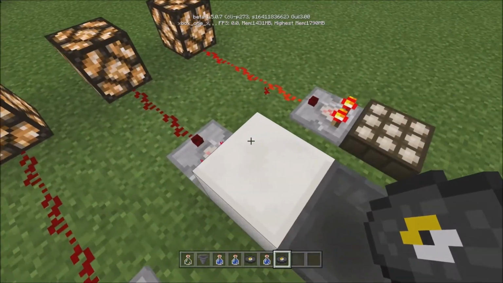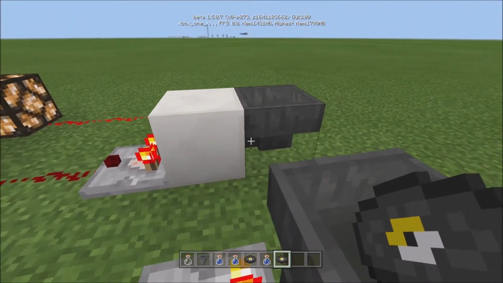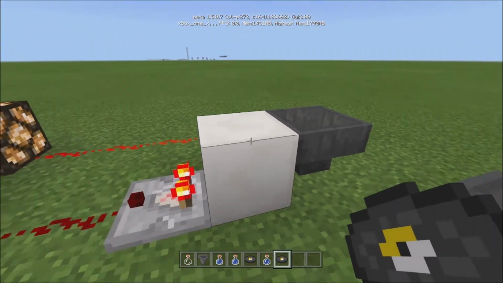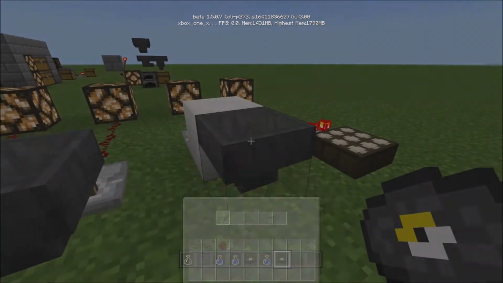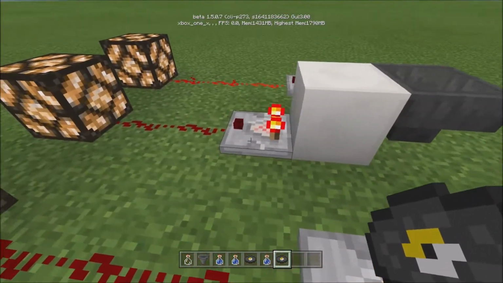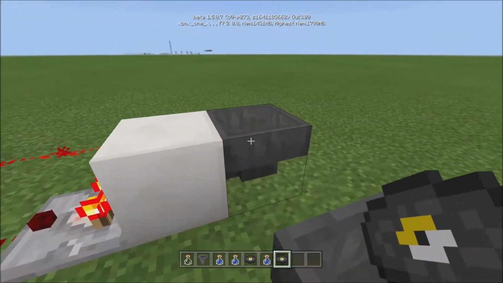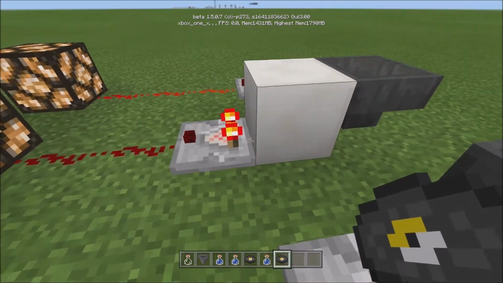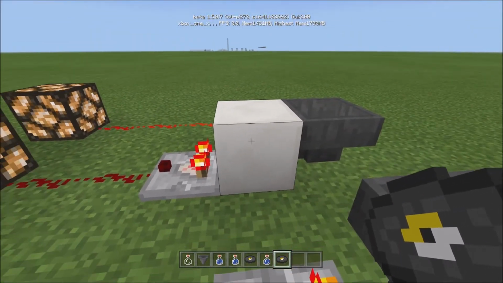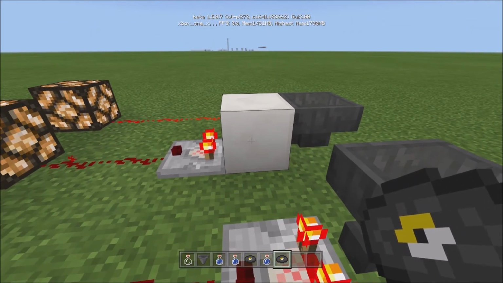And then again, comparators can actually pull from a block behind with the items. So here is where the item hopper is with the items. There's a block, and the comparator is able to read through the block. Another very, very useful thing to note when making compact circuits. Very, very important.